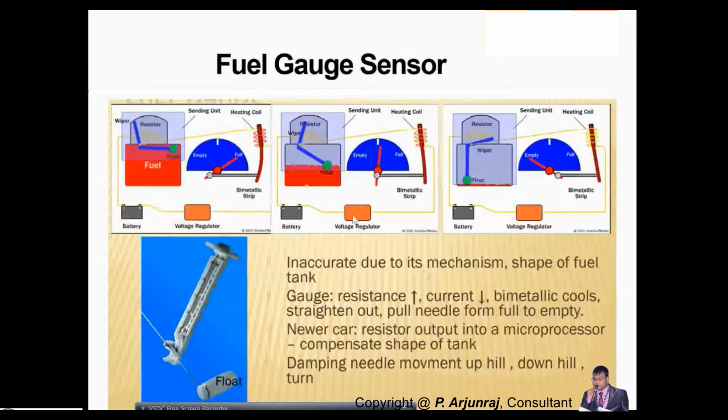The fuel gauge sensor basically operates with the help of a resistor output into the microprocessor, and based on the needle movement, it helps you sense the level of the fuel, which can be either empty, full, or in between. Accordingly, you will get an indication on your dashboard.